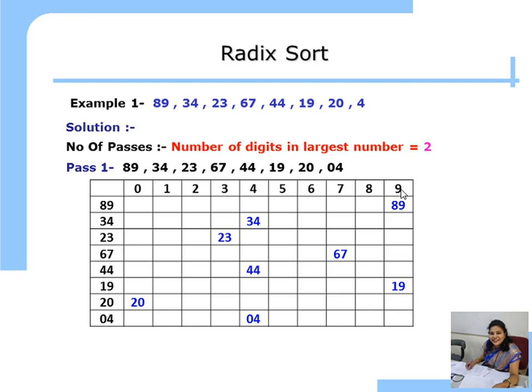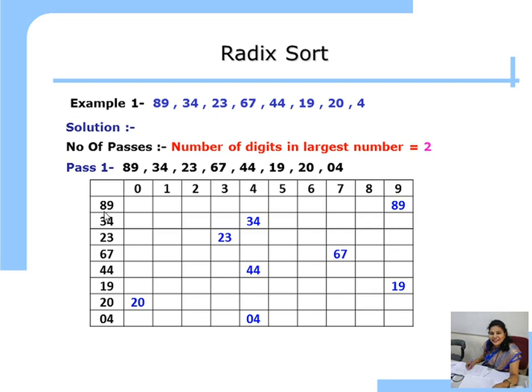These are the total 10 buckets. So in pass 1 we consider the unit position, and in pass 2 we consider the 10th position. Since it is pass 1, we start with the unit position. What is present at the unit position of 89? It is 9. Here 4, here 3, here 7, here 4, here 9, here 0 and here 4. So this is the unit place.